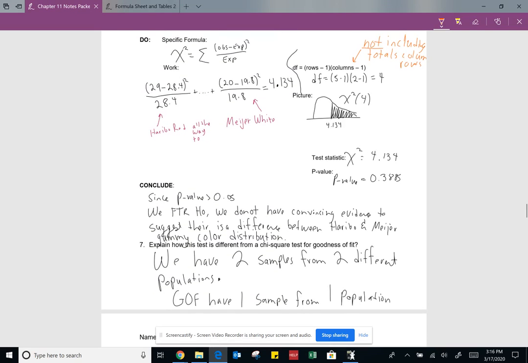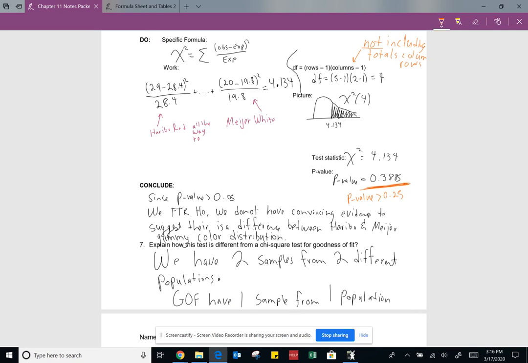And so what I've gone ahead and done is I use my calculator to actually solve for this: 38.85% p-value. Now you could really just go with p-value greater than 0.25, and that's going to give you the exact same result.